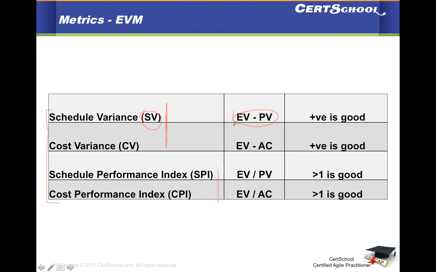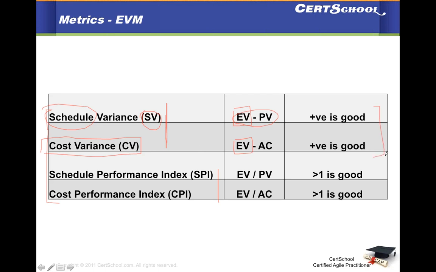So earned value minus planned value will always give you schedule variance, how you're doing in relation with the schedule. Earned value minus the actual cost will give you cost variance. How are you doing in terms of cost?